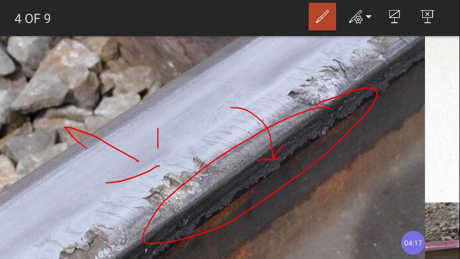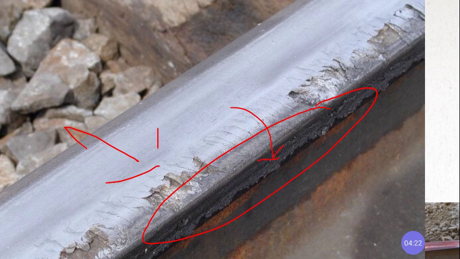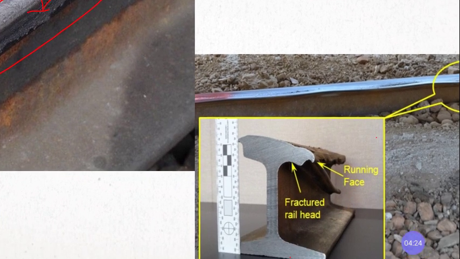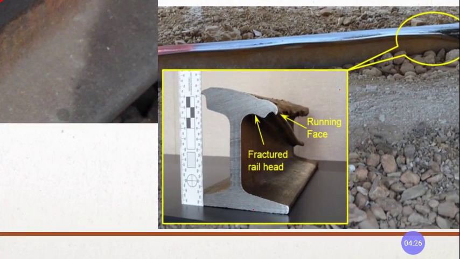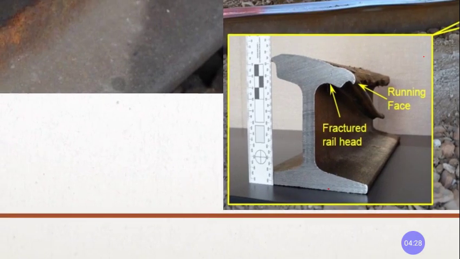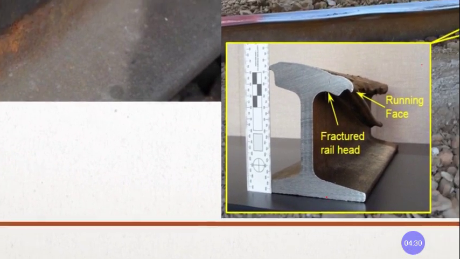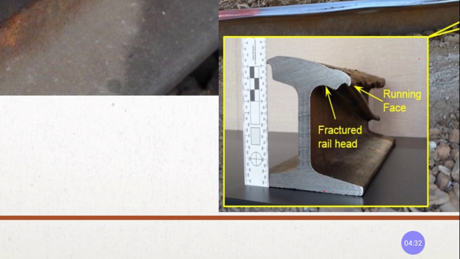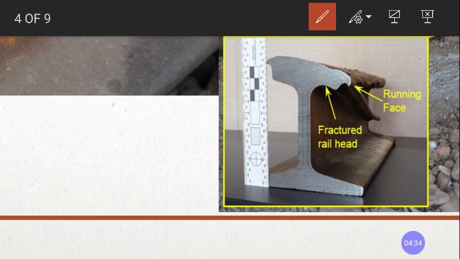This is what happens when continuous movement happens. Can you see the side of the head being fractured? You can see the fracture also here. Due to the movements and without proper maintenance, this happens, right?